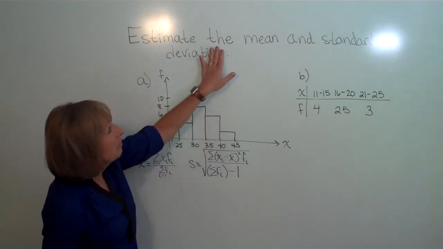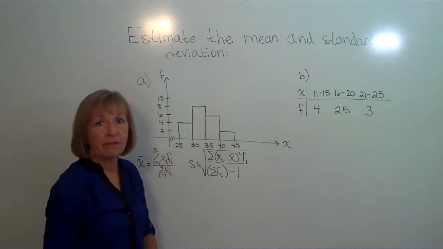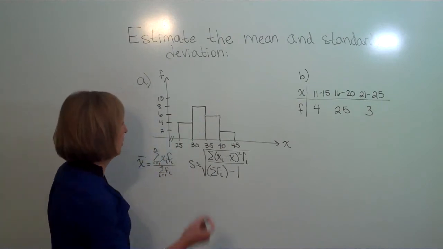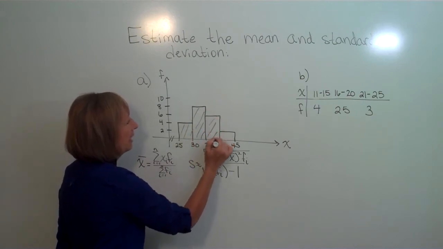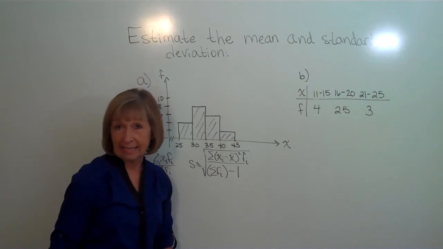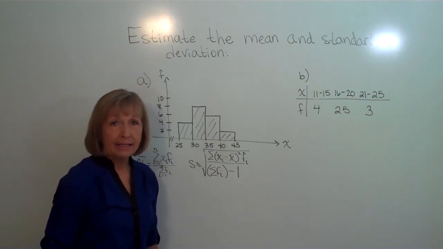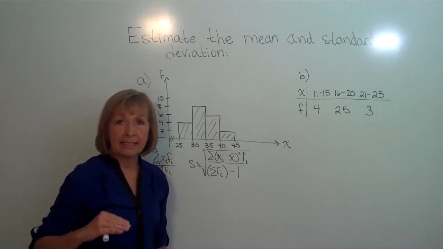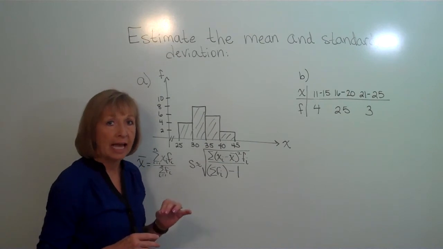So here we want to estimate the mean and standard deviation. This first one is where they've given me a frequency histogram. Remember when we were doing this with a data set, we would take the data set, determine how many classes we wanted, set up our classes and count how many data values were in each class.